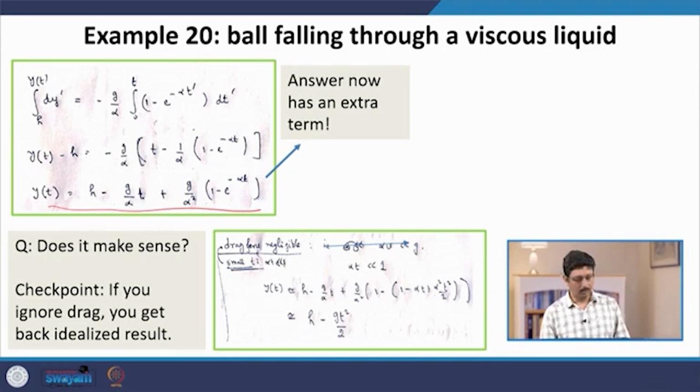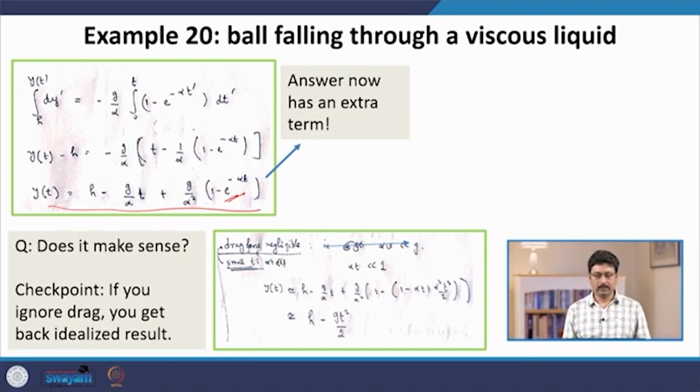This answer is different from what you normally expect from just a motion. If you drop a ball and it falls with a constant acceleration, the answer is somewhat different. It now has a new term.